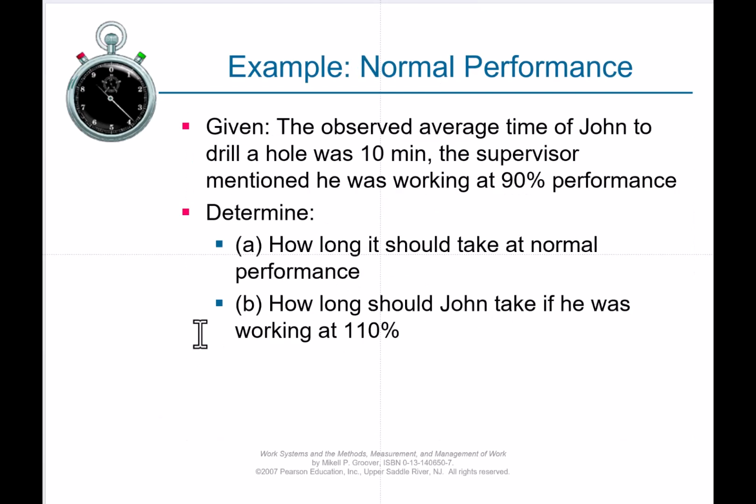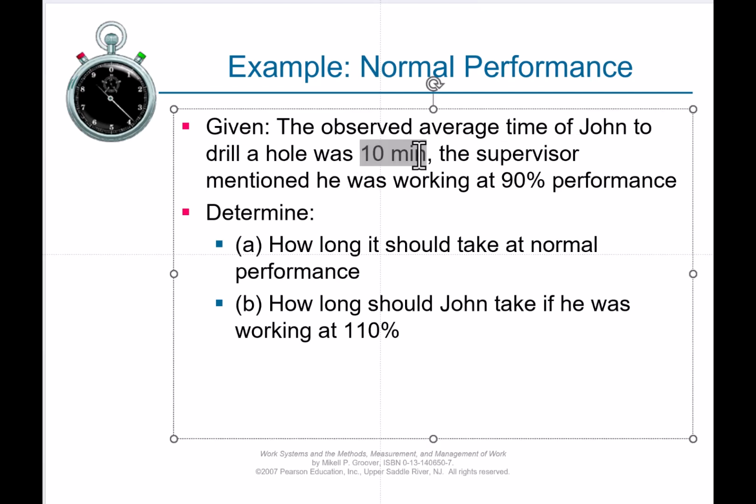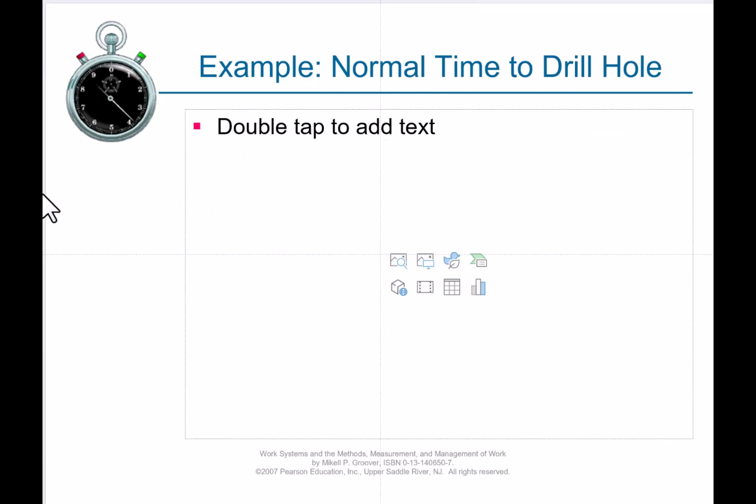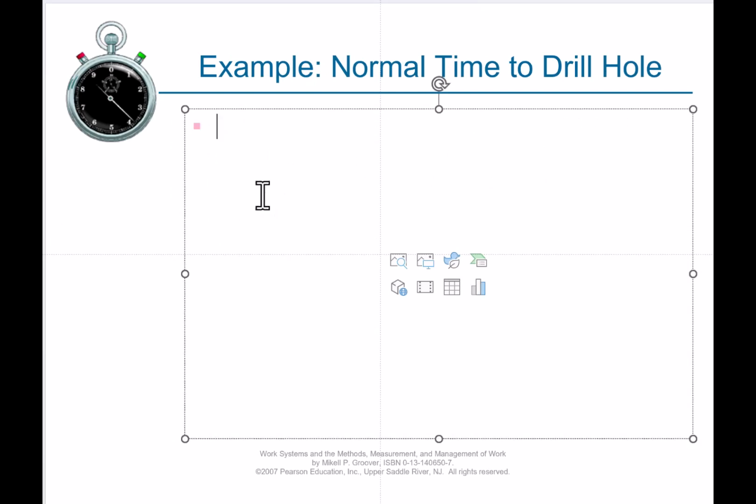And then this is another observation. The average time to drill a hole was 10 minutes. The supervisor mentioned he was working at 90% performance. Determine how long it should take at a normal performance and how long it should take if he was working at 110%. So in this case, we have our TC, the observed cycle time, which is 10 minutes.